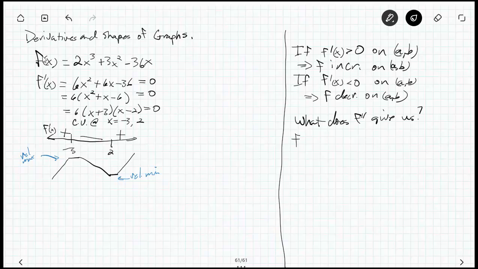So if f double prime of x is greater than 0, doesn't that imply that f prime of x, which is equal to the slope of the line's tangent, oh, that's increasing. So wait a second. Let's ponder this for a moment. If the second derivative is greater than 0, then the first derivative is increasing.